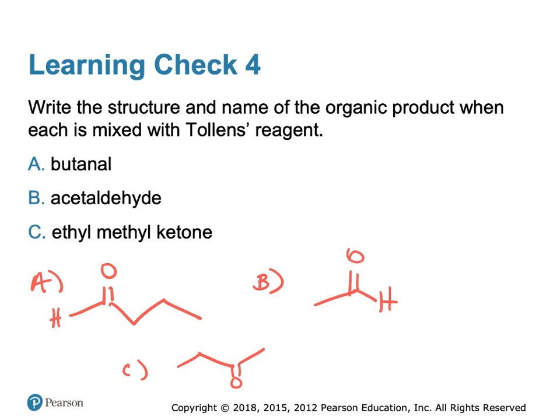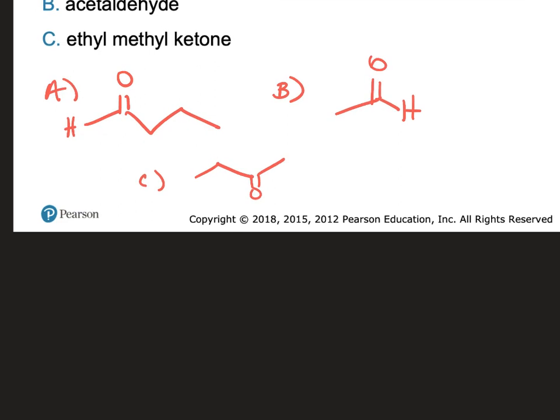Okay, so now what you need to do is write the structure and name of the organic product when each is mixed with Tollens reagent. I just want the structure of the product. So for A, we have an aldehyde. If you remember, Tollens reagent is that silver plus ions.